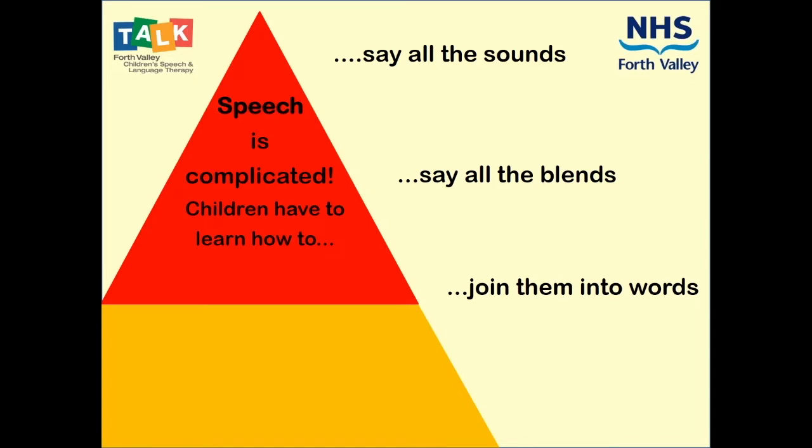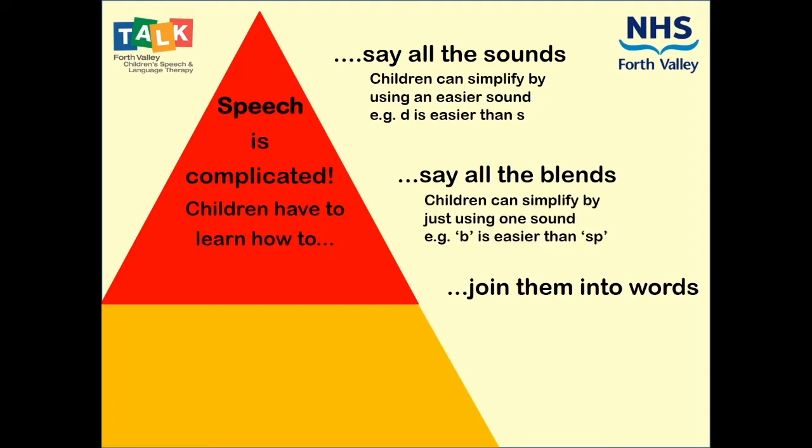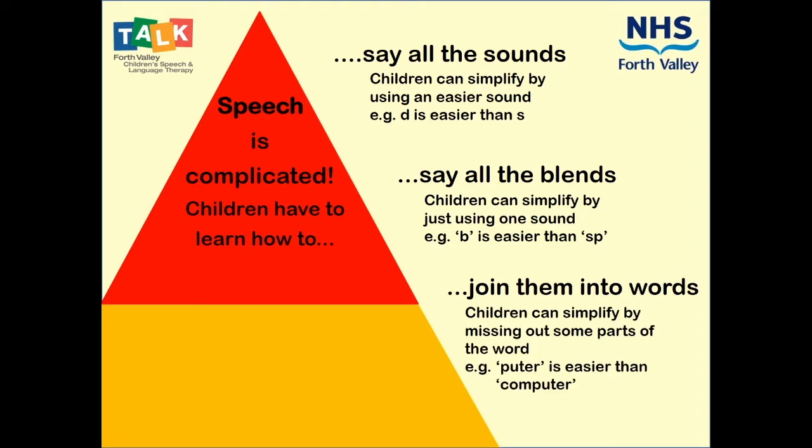For example, children can simplify by using an easier sound, a d instead of a s, for example. Children might simplify blends by just using one sound. A b instead of sp is easier for most children to say. And children can also simplify words by missing out some parts of the word. Lots of children might say pewter instead of computer because it's a bit easier to say.